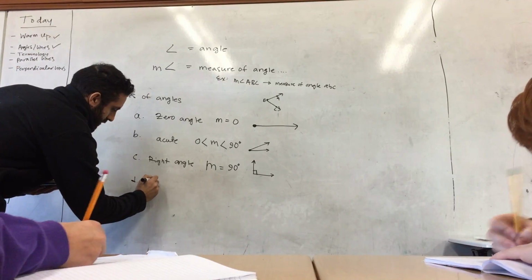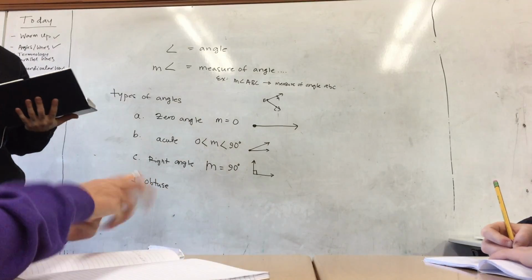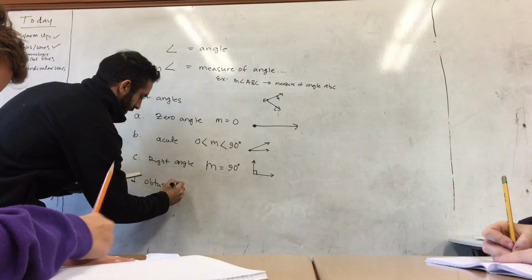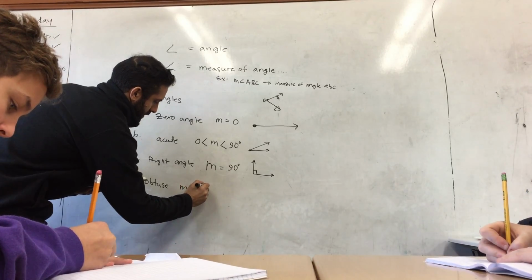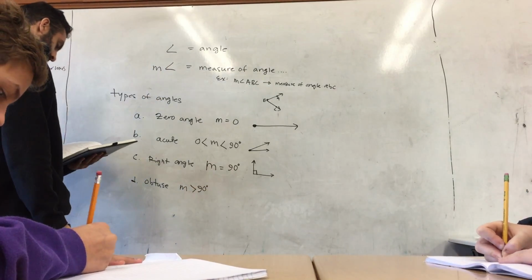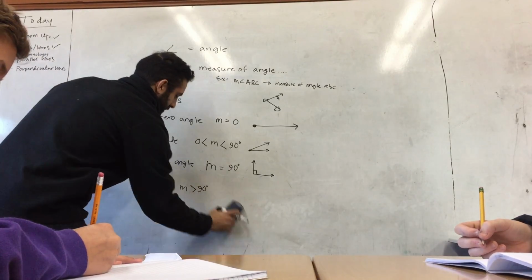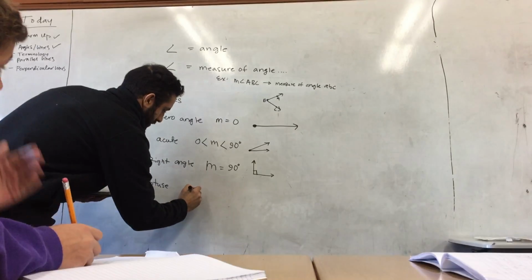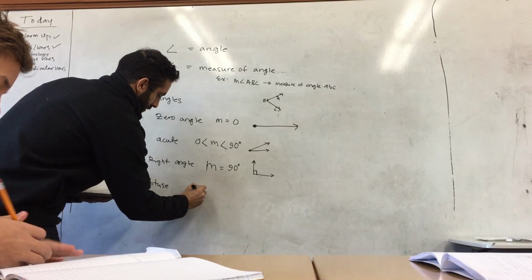There's an obtuse angle. Anyone know what obtuse is? Obtuse angles are greater than 90 degrees. What about 180? Hold on.